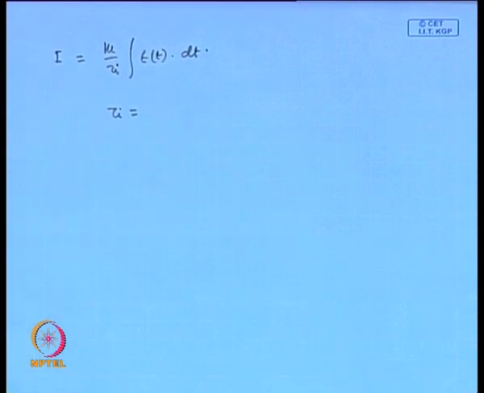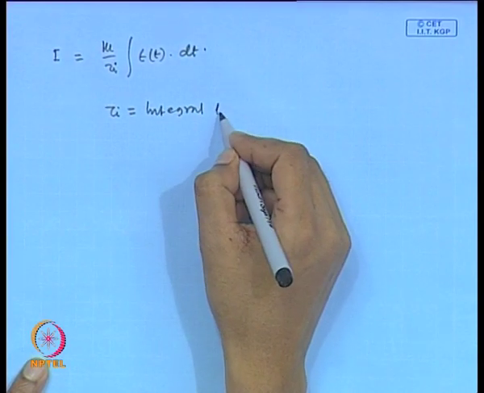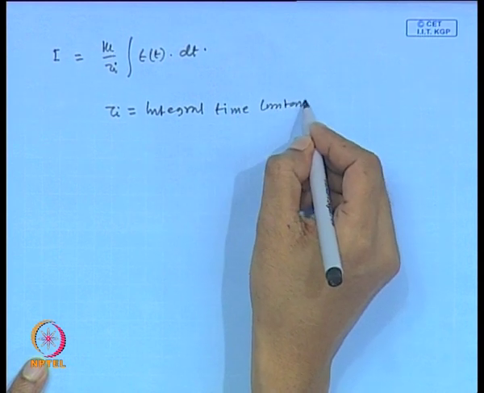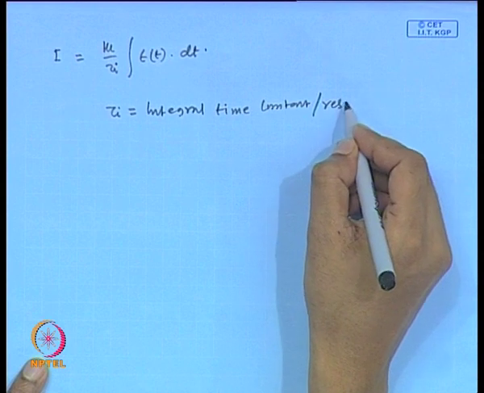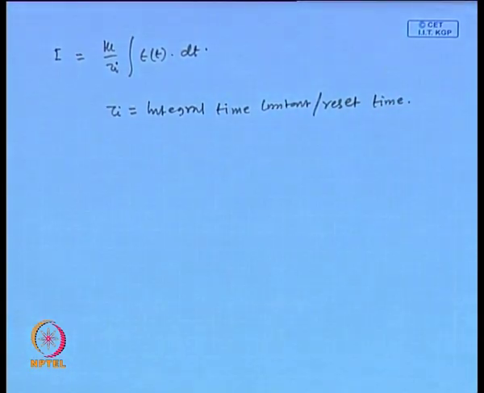One additional tuning parameter is there, that is tau I, and tau I is called the integral time constant. It is also called reset time. The unit of tau I is time.